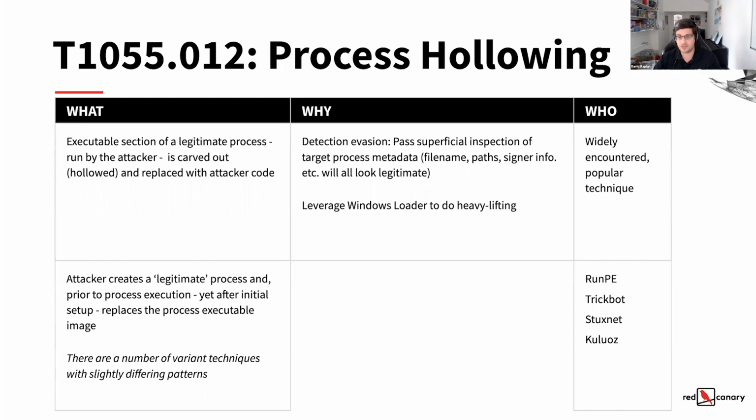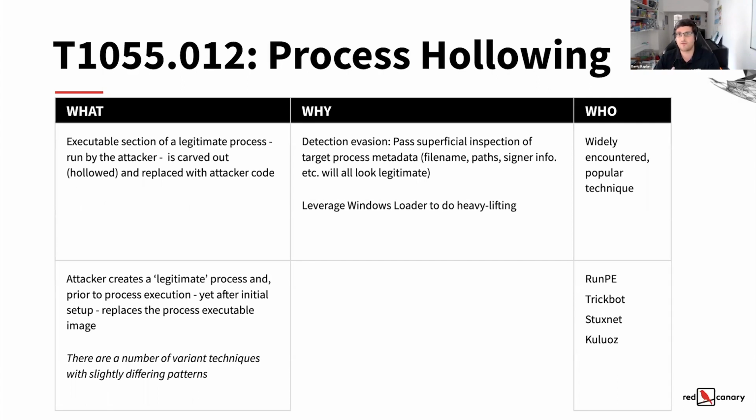Another advantage is that since the payload or attacker code is injected into the process prior to the initial thread execution, it can actually leverage the natural Windows loader, or the loading process of how any process is created on Windows, in order to load and initialize that code.